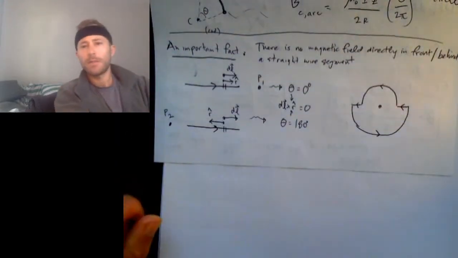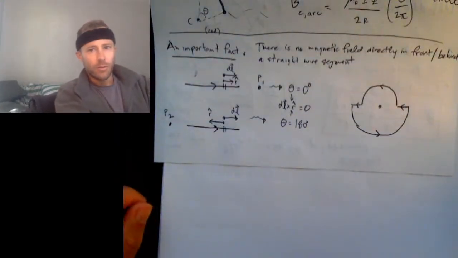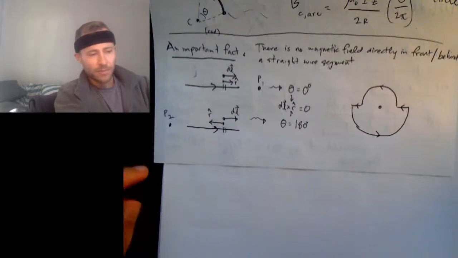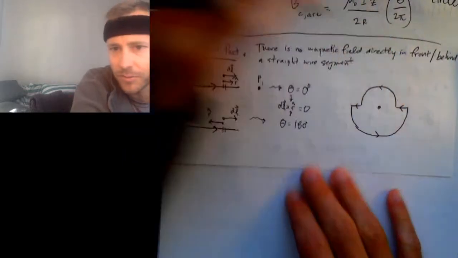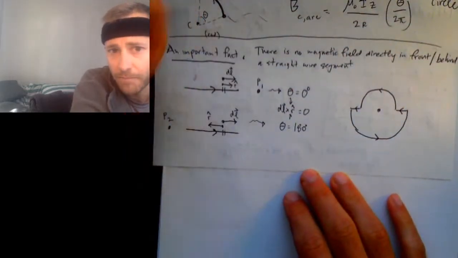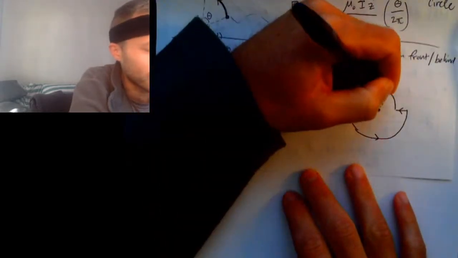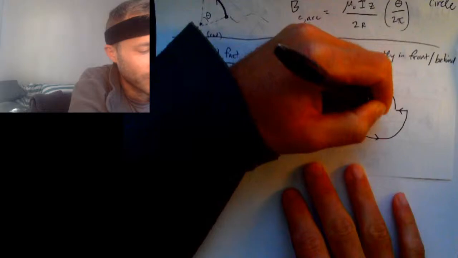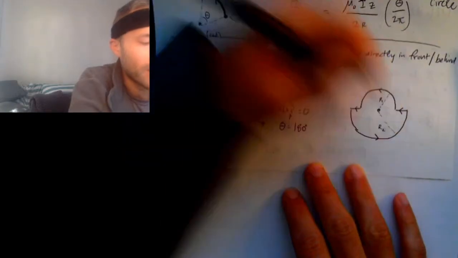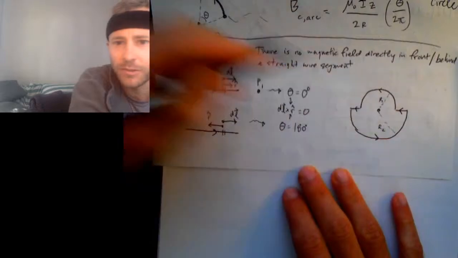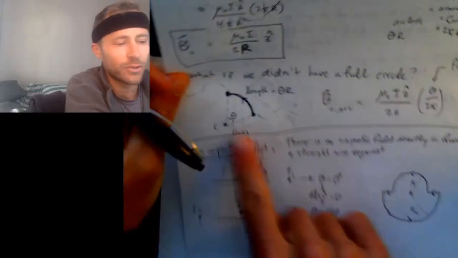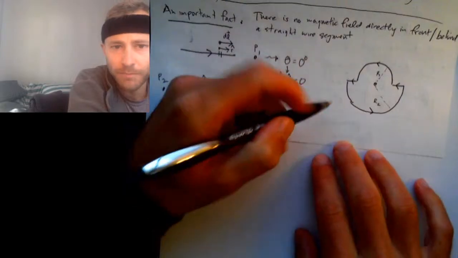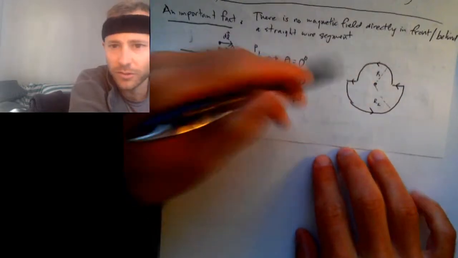What we have are two semicircular arcs, but the semicircular arcs have different radii. This one has a radius r1, and this one has a radius r2. And then we have two straight line segments. So this shows why we have to know the magnetic field for a circular arc, because even though this is a loop of wire, it is made up of circular arcs and straight line segments.